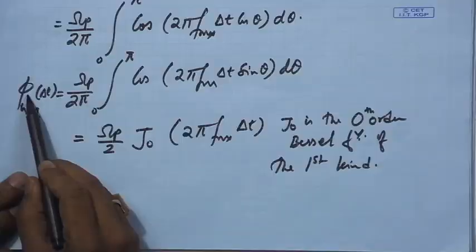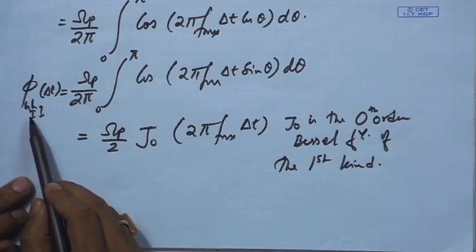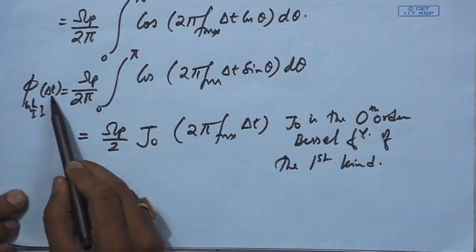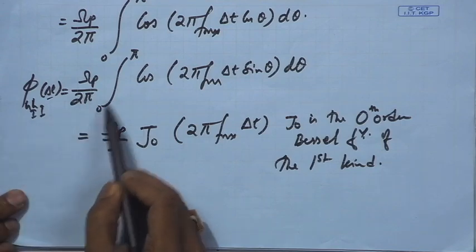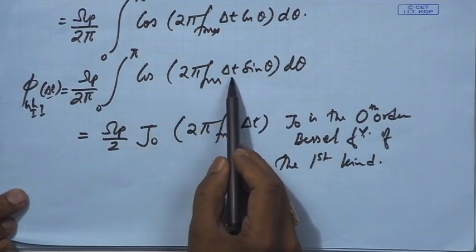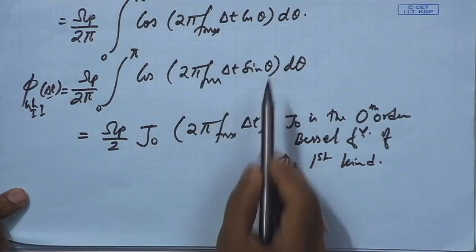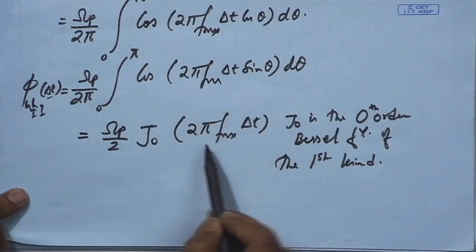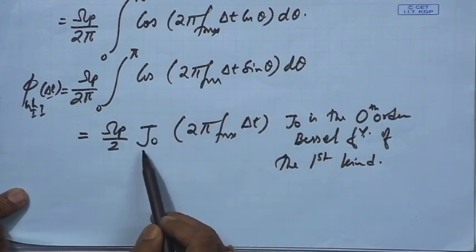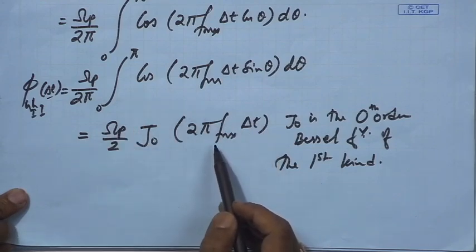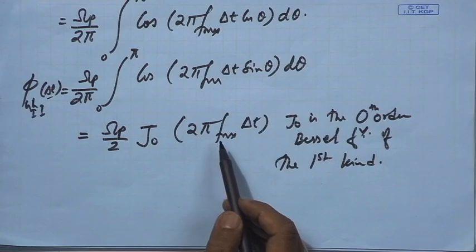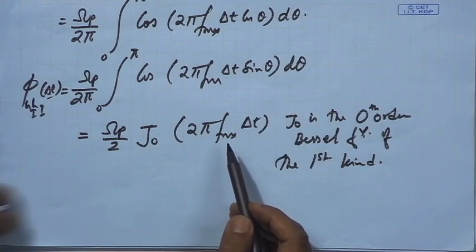So what we last derived is the autocorrelation of h_I, which with a lag of delta t is omega_p by 2 pi, integral 0 to pi, cos(2 pi f_m delta t sin theta) d theta, and this turns out to be the Bessel function of the first kind of 0th order. So this is where we had stopped our last discussion.